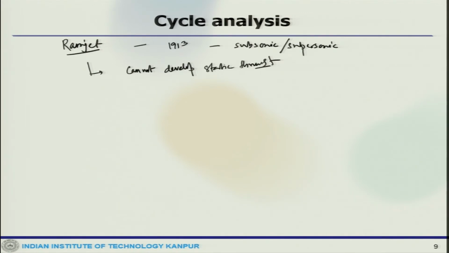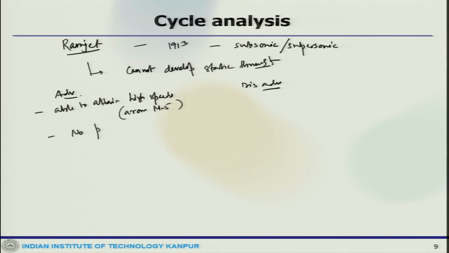So, it has some advantages and some disadvantages. Let us look at it. Able to attain high speeds, around Mach 5. No moving parts, so less wear and tear as well as minimum losses.